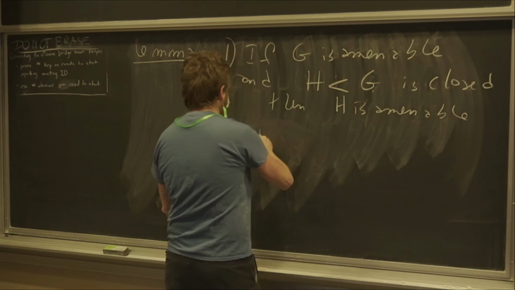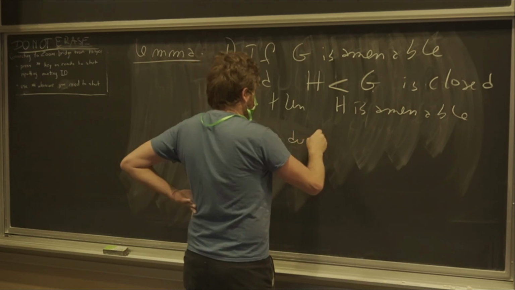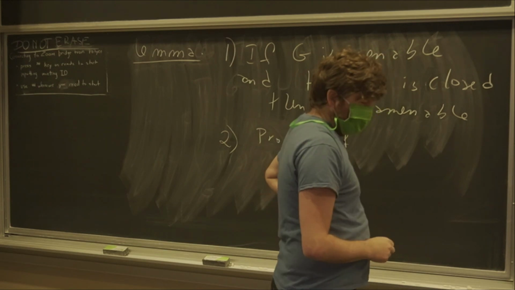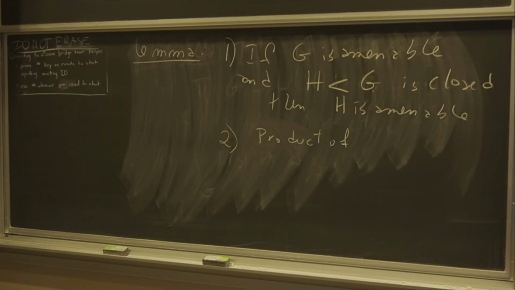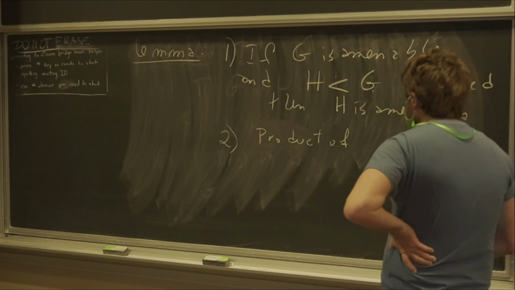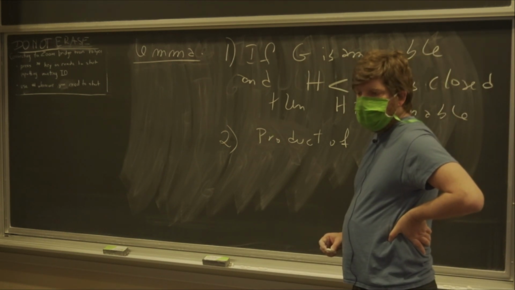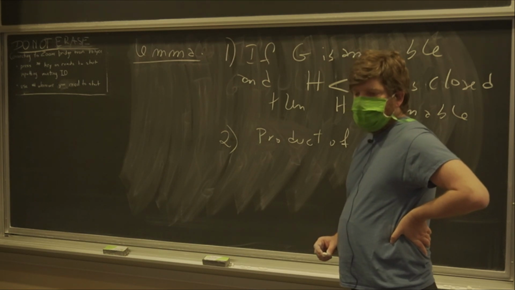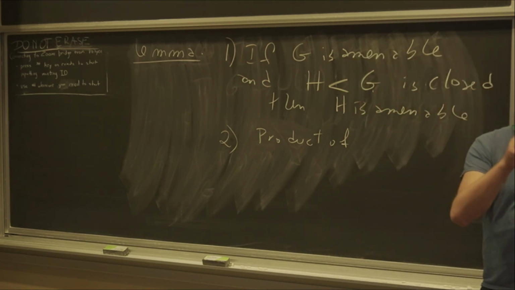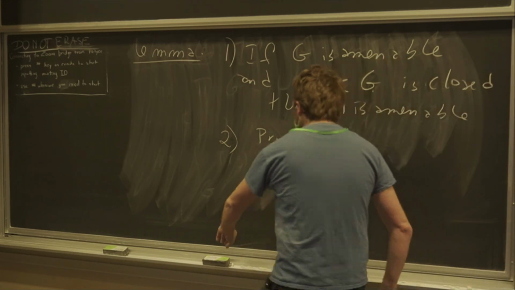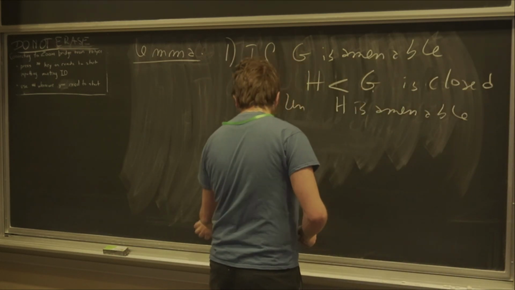Okay, product of amenable groups. Formulate it in the context of short exact sequence. Yes, that's true, but I wanted to do countable products. Maybe it's better to do what you said. Then I have finite products at once.